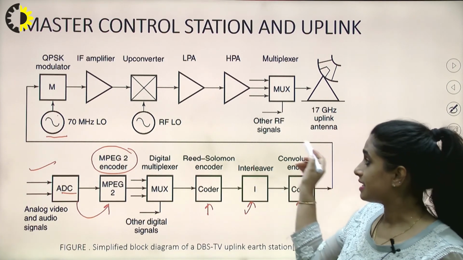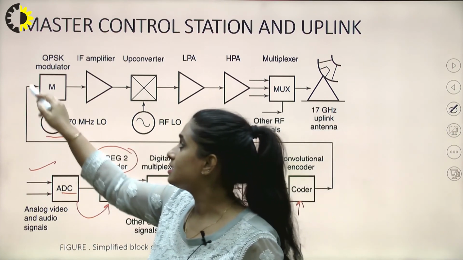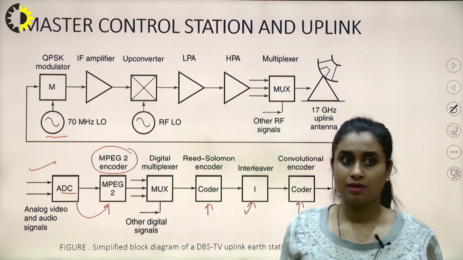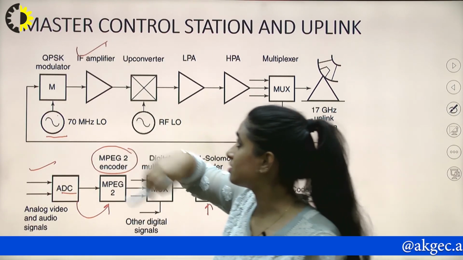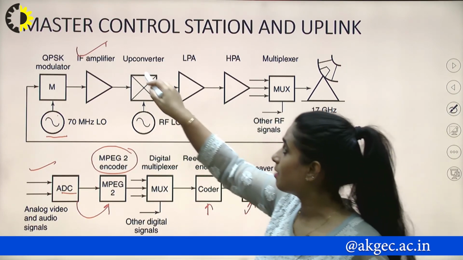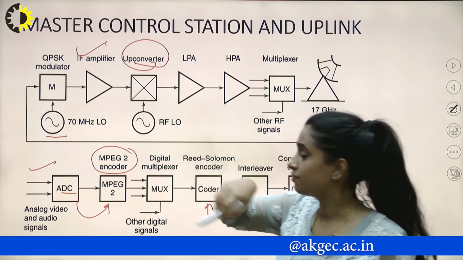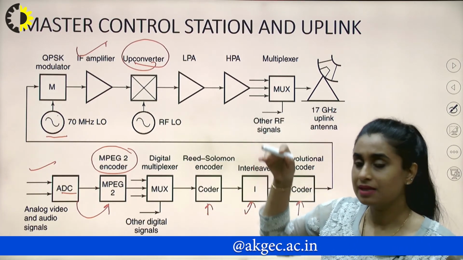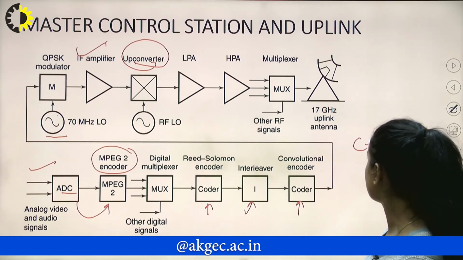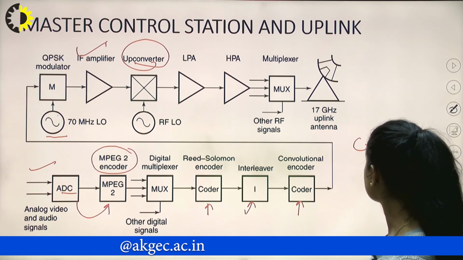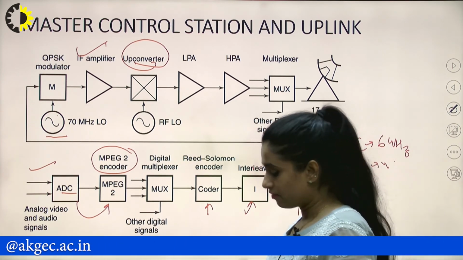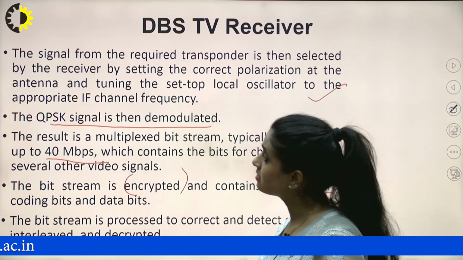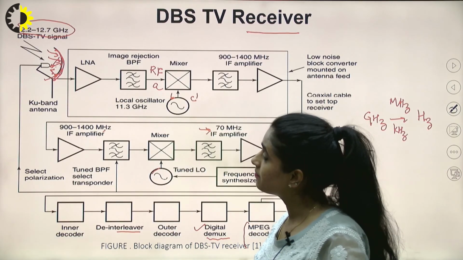And this data is now again QPSK modulated, then it is amplified as it has to travel a long distance, then this is up converted. Frequency is converted, as in uplink. If I talk about C band, it's 6 gigahertz for uplink and 4 for downlink. And like in Ku band, we have gone through the band here.